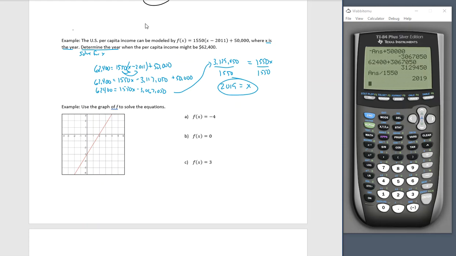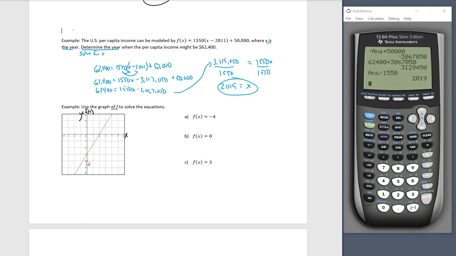I'm curious. All right, so now let's move on to using graphs to solve problems. Use the graph of f to solve equations. Word doesn't like f of x ever. If f of x is negative 4, remember this is the x-axis and this is the y-axis, and y is always a function of x.